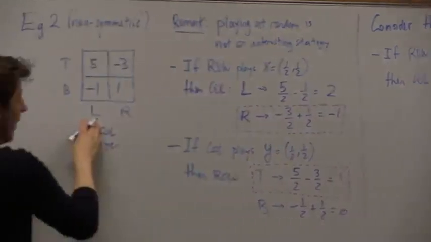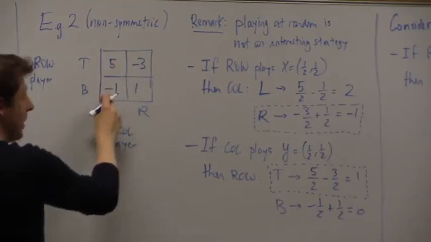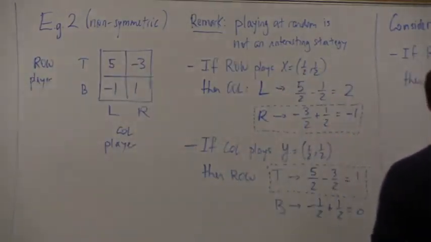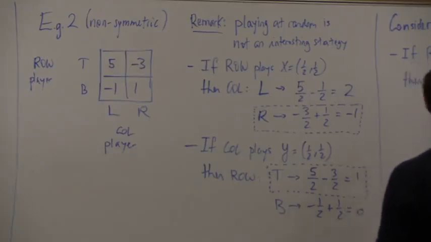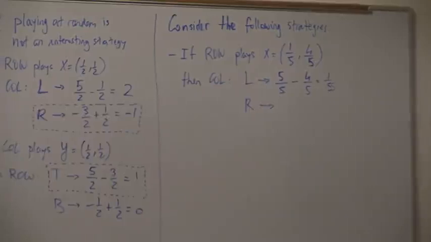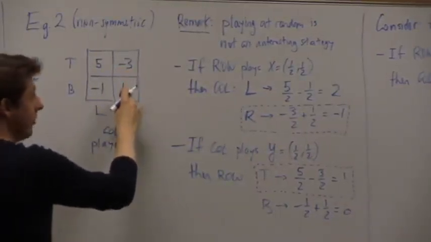Well, if he plays left, he will see 5 a fifth of the time and minus 1 4/5 of the time. So that means that here it's 5 over 5 minus 4 over 5. So that's 1 over 5. If he plays right, that means that he sees minus 3 a fifth of the time and 1 4/5 of the time.